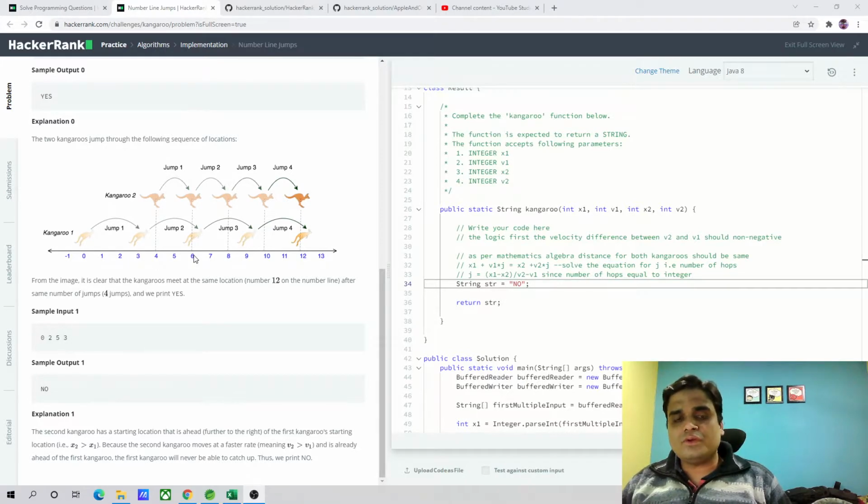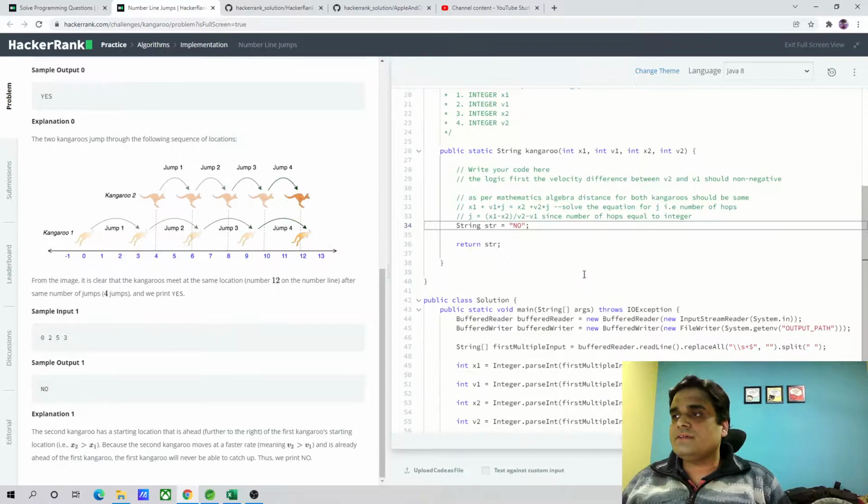Now how are we going to solve this problem? First of all, I've already written here, we'll create an algebraic statement saying that the distance covered by kangaroo 1 is equal to the distance covered by kangaroo 2 after j jumps.